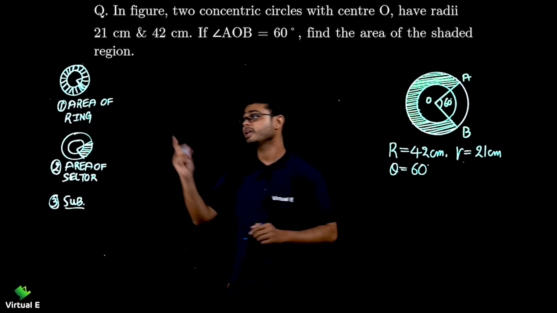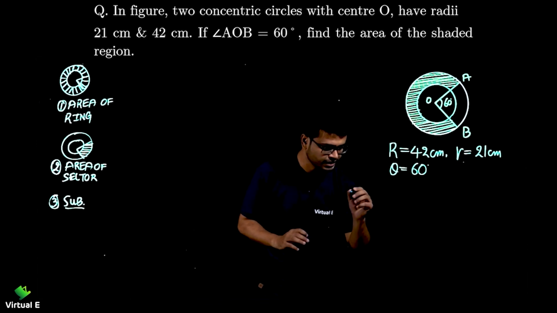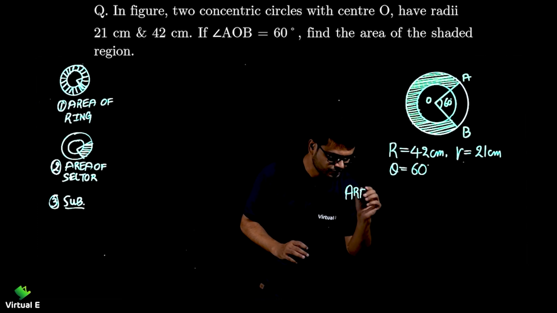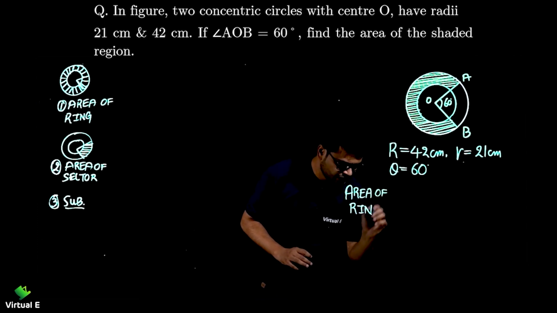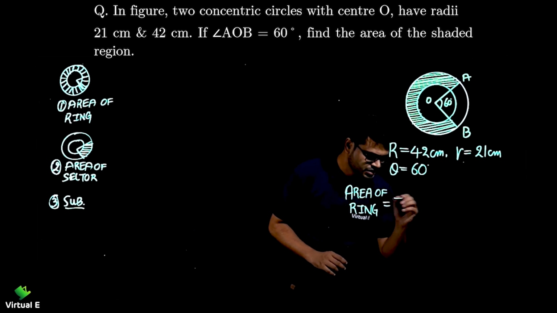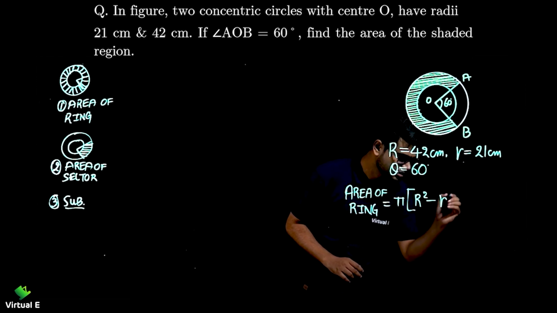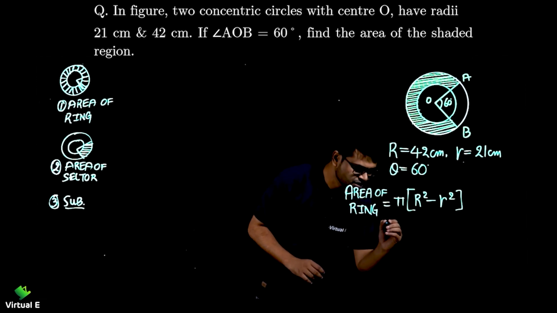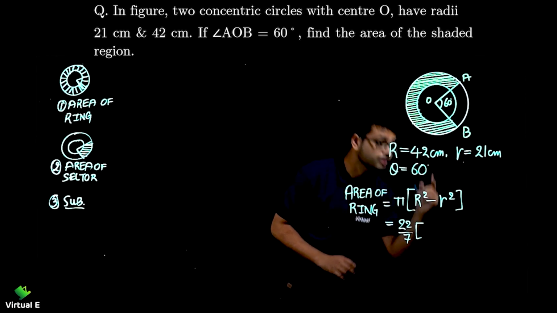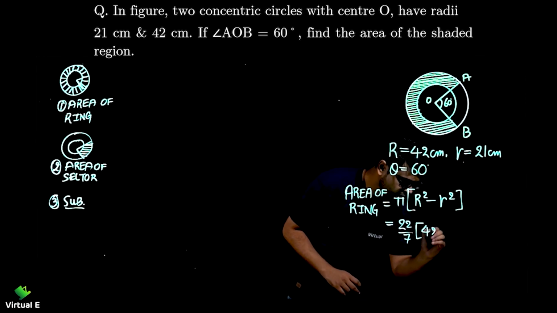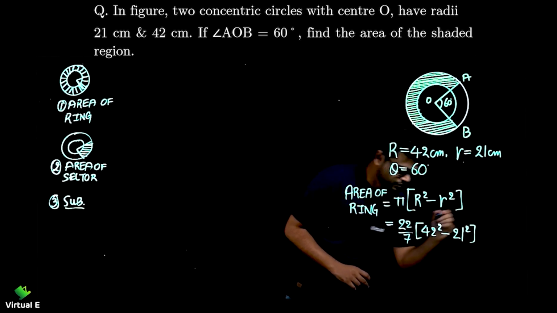So let's start. First of all, area of the ring. We know how to find the area of concentric circles. So let's find area of ring. We learn the formula, right? It is pi capital R square minus small r square, right? Let's substitute the value. Here 22 by 7 and here what is 42 square, okay, minus 21 square, simple.